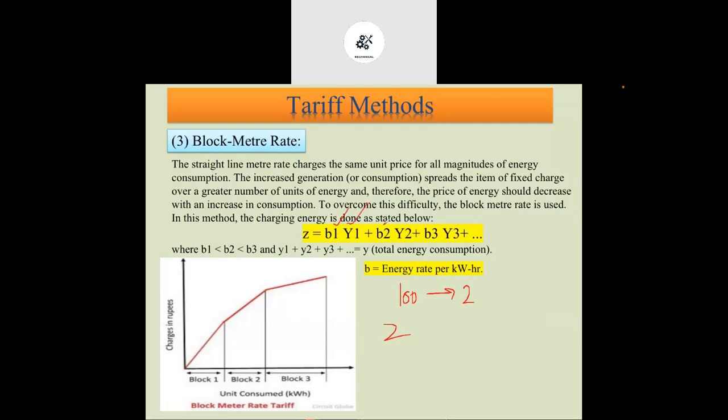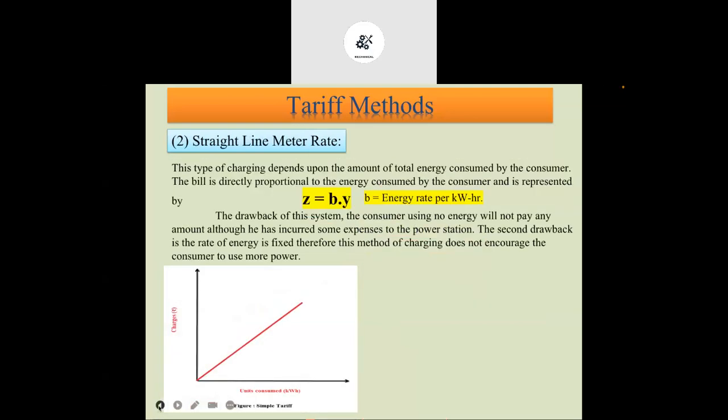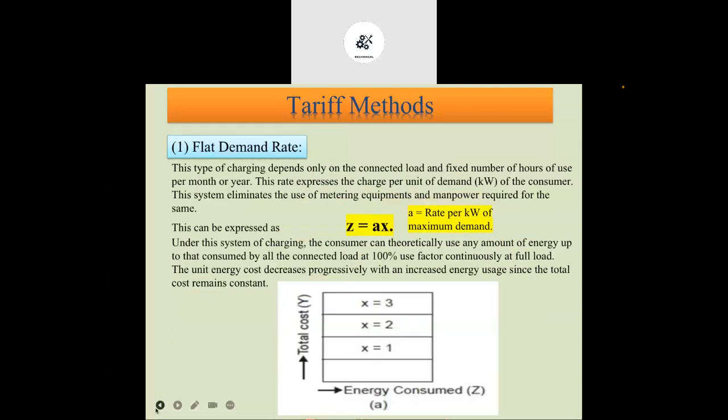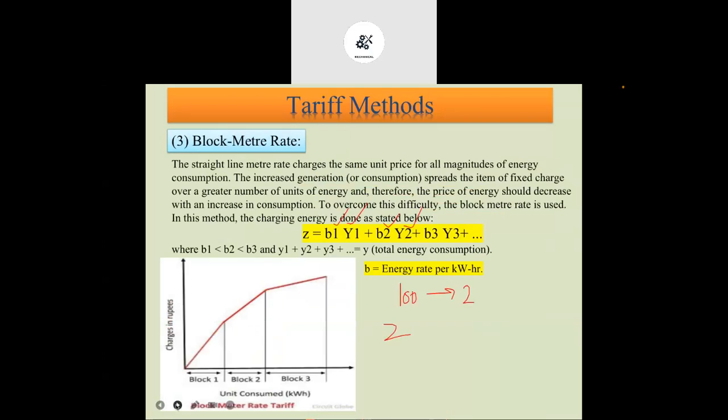Now, the rates for the energy consumption are different. For the first 100 units, it will be 2 rupees. Then for the next 200 units, the rate will be 1.5 rupees. Likewise, they will give you the rates for different ranges, and you just have to add those up. There will be no term related to the maximum demand in block meter.